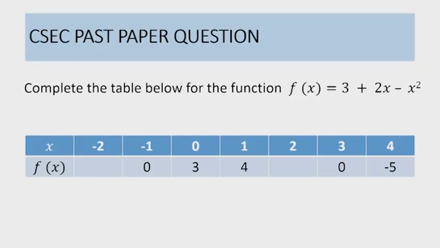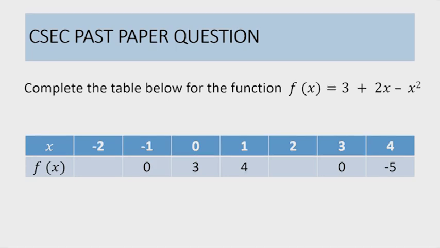We're looking at completing the table below for the function f of x is equal to 3 plus 2x minus x squared. The function that we're given is f of x equals 3 plus 2x minus x squared, and we're asked to complete the table.